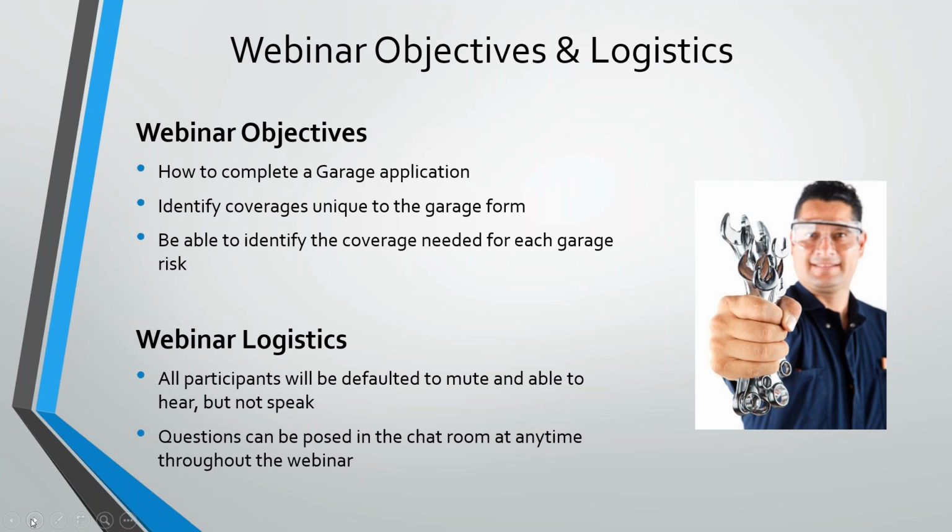It's got different parts, different types of coverages, and different exposures that have to be carefully insured. One of the things that's going to be a great guide for you is Teresa's going to talk about how to complete the garage application and how to use it as a guide to figure out what coverages any type of garage exposure needs.